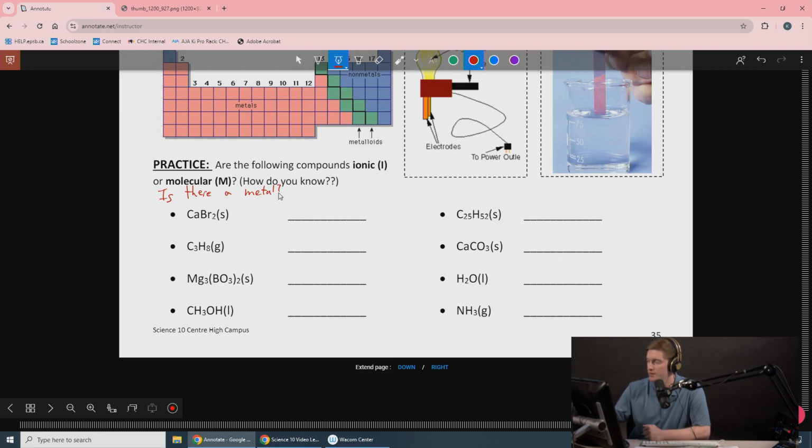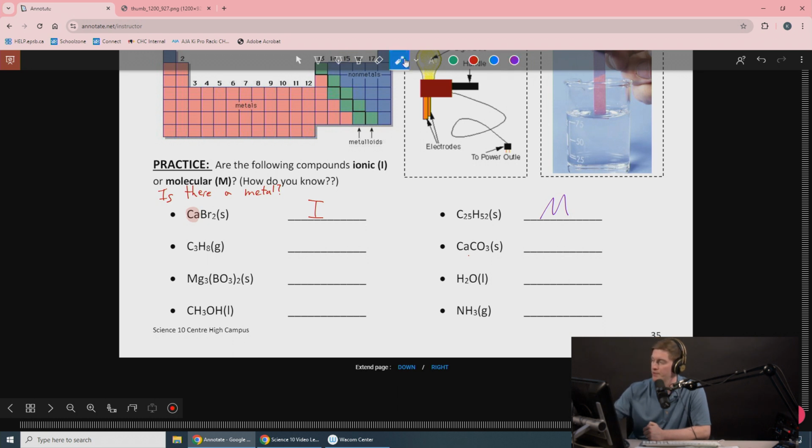So the first one, calcium bromide, has calcium in it. It has a metal, so it must be ionic. But directly beside it, it's got just carbon and hydrogen. There is no metal, so this is going to be molecular.